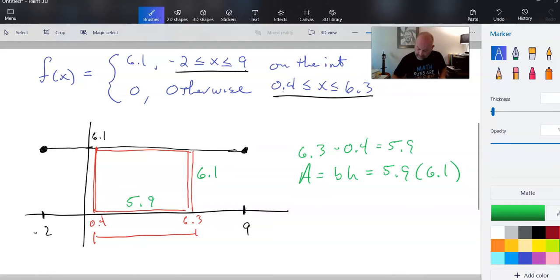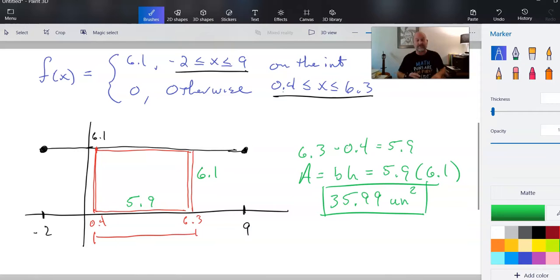But I don't think any of these really have to be rounded. So let's see, 5.9 times 6.1. And my magic calculator box says that this is 35.99 square units, right? So that's the area under this curve.